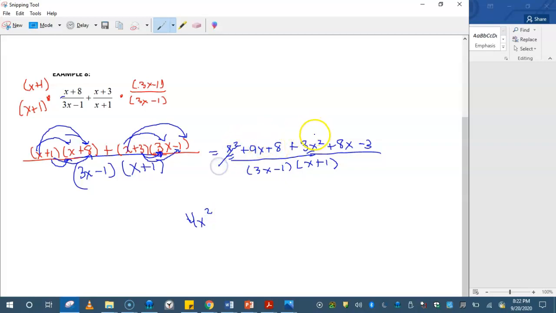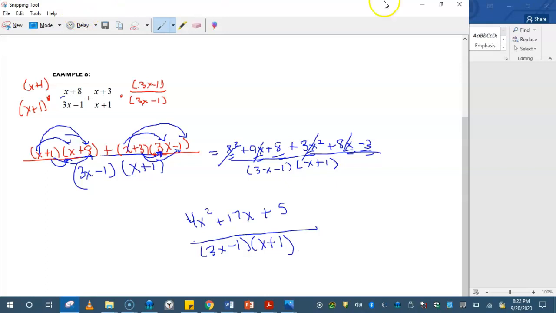So got those. Let's look at, I got a 9x here and an 8x here. Well, that's a plus 17x. So we got those. And then I got an 8 and a 3. Well, that is a plus 5. So 4x squared plus 17x plus 5 all over 3x minus 1 times x plus 1.